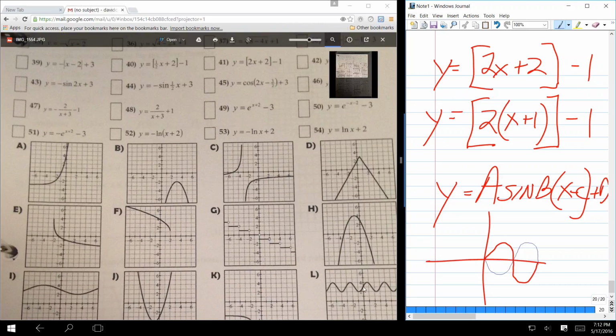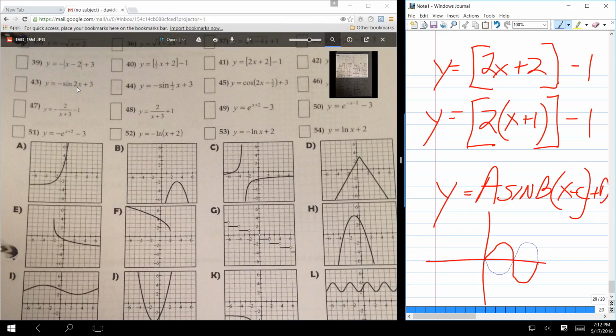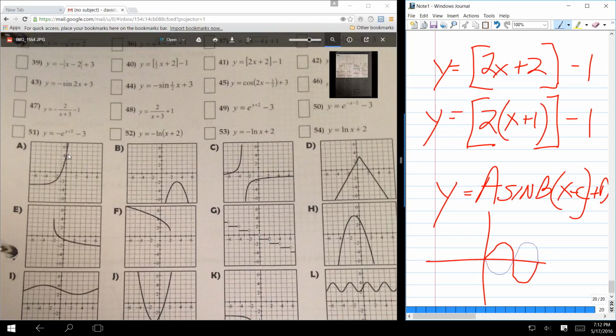But if I look at L, notice that at x equals 0, it's starting right there at 3. Well, plug in x equals 0 here. So 43. When x is 0, sine of 0 is 0. It should be at 3. How many other sine curves are on here?